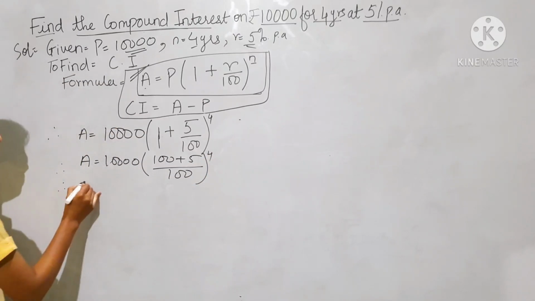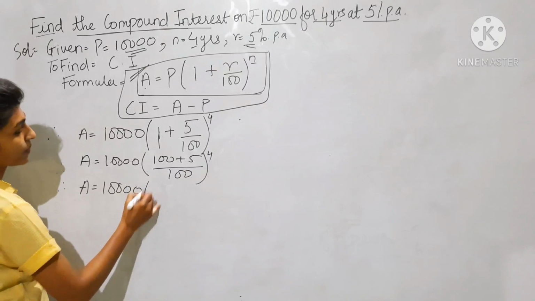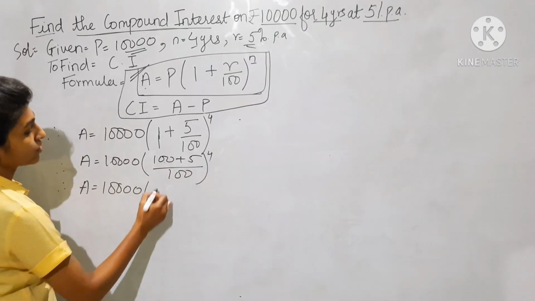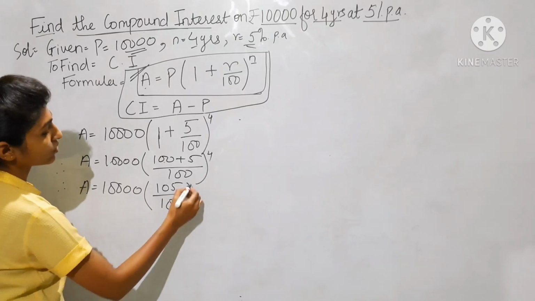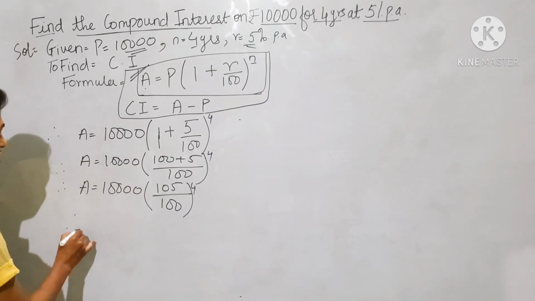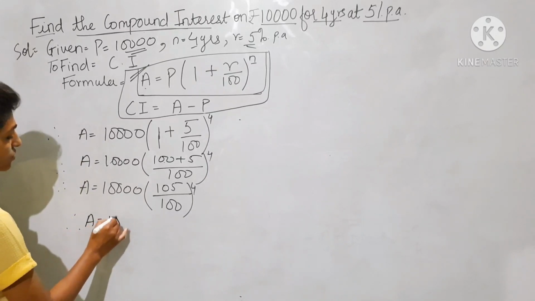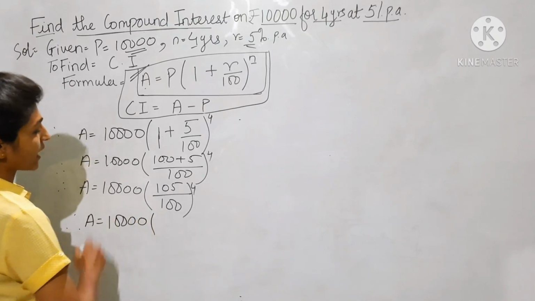So therefore A is equal to 10,000 bracket 100 plus 5, 105 divided by 100 bracket close raised to 4. Okay, therefore A is equal to 10,000 bracket.